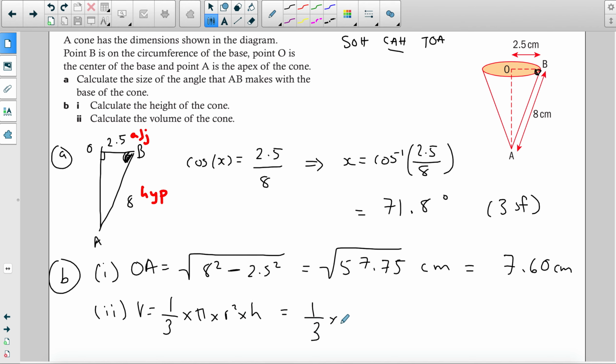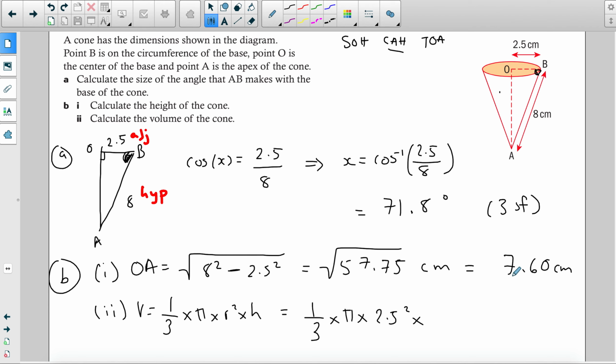So that's a third times pi times, well, our radius is 2.5, so 2.5 squared. H is the perpendicular height. Be careful here. It's not the slanted height. It's always the perpendicular height that goes straight from the center up to your apex. So you're looking at OA.